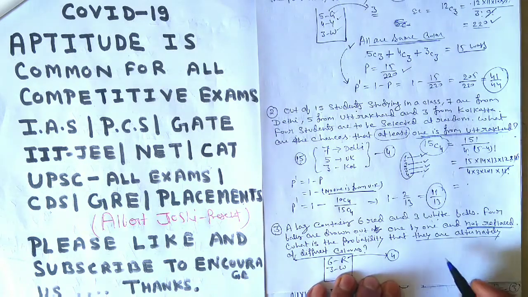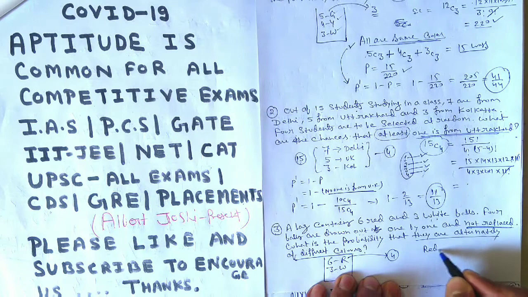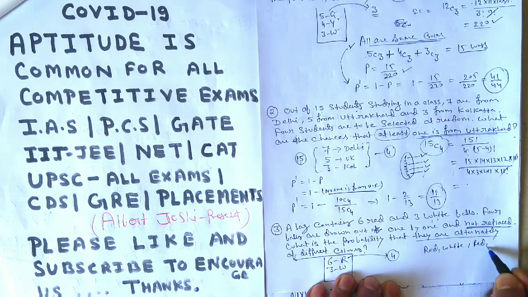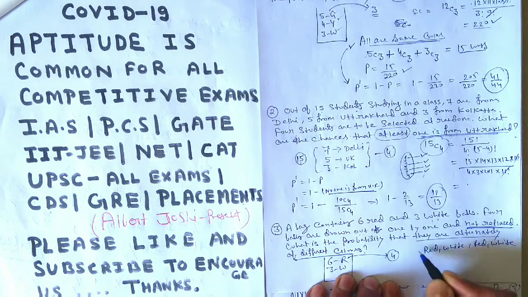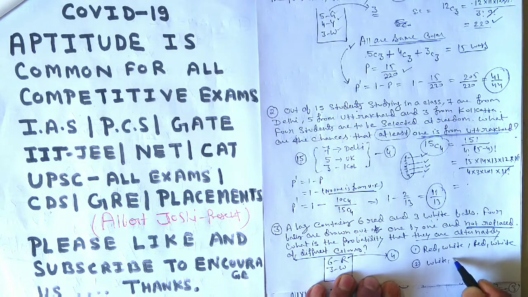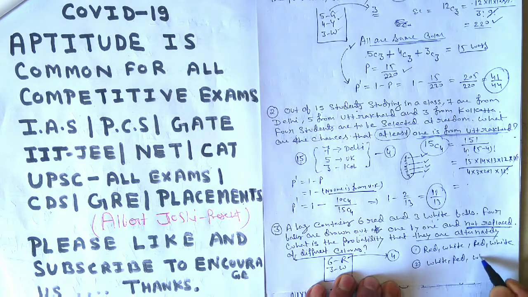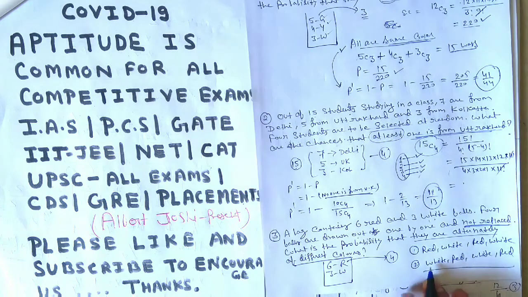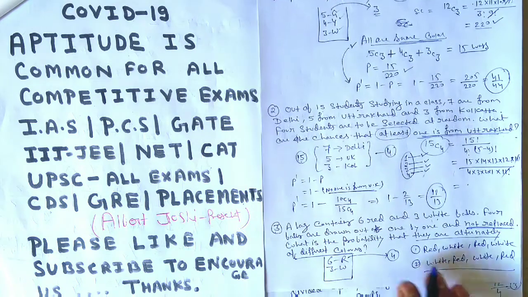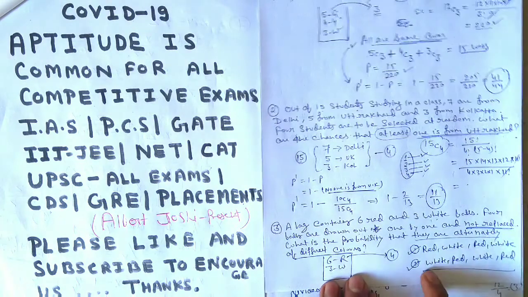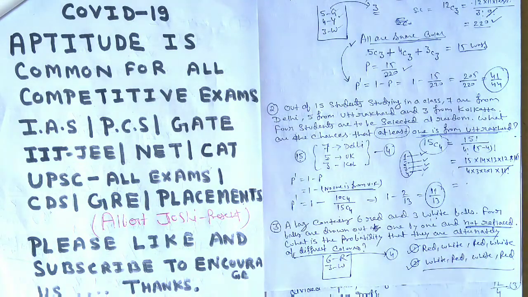Case number 1: red, white, red, white. Maybe this case. Case number 2: white, red, white, red. If these are different colors, it implies that either this case or this case. These are the favorable cases.